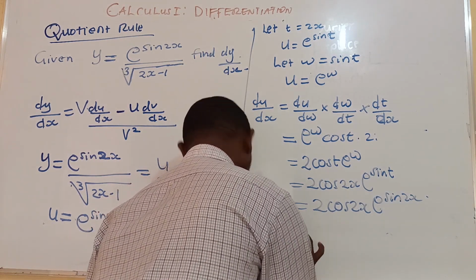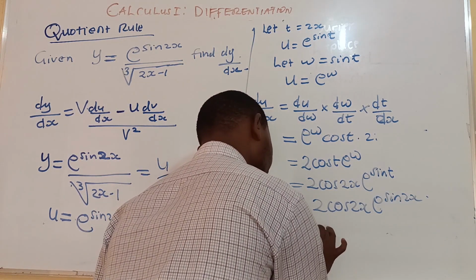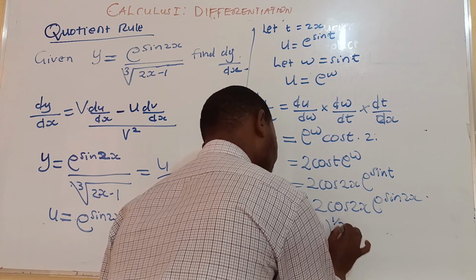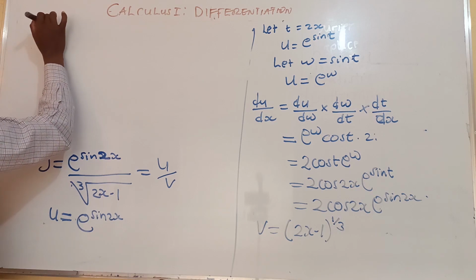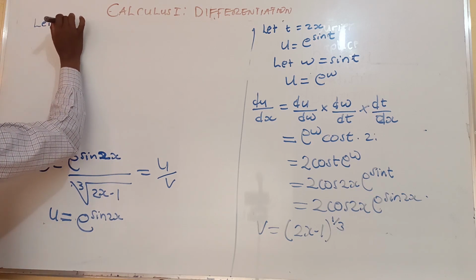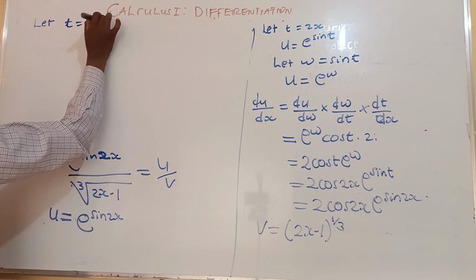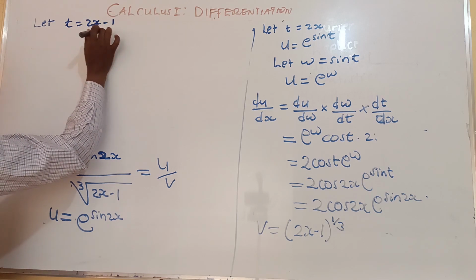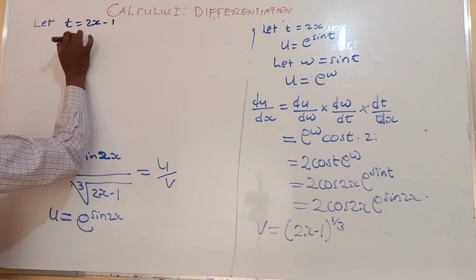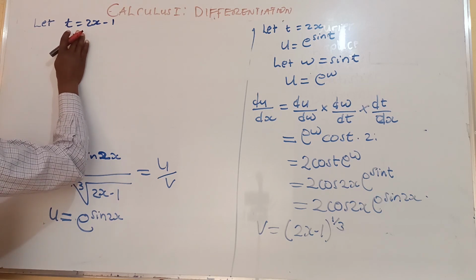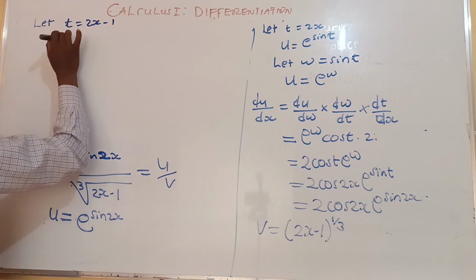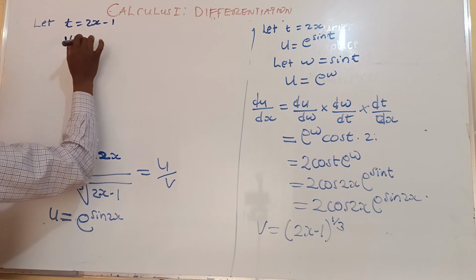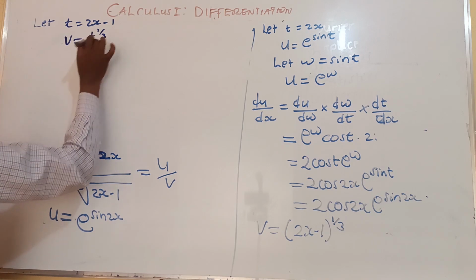V is equal to 2x minus 1 to the power of a third. So we can say that t is equal to 2x minus 1, so that v is equal to t to the power of a third.